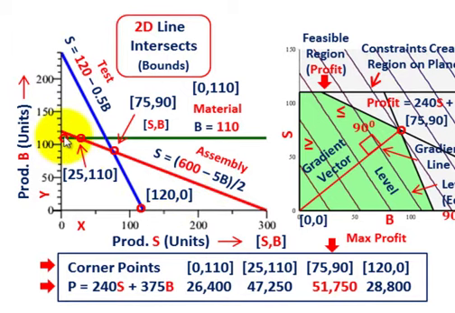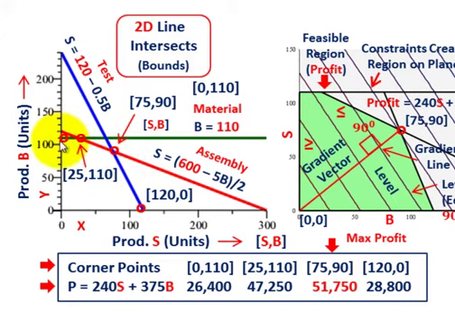And then going up here, we're trying to lay out those bounds, and we're looking for the maximum profit. Our maximum profit's going to lie on these corner points. So our profit's going to be in this region based on the bounds, or those restrictions or constraints we have here.